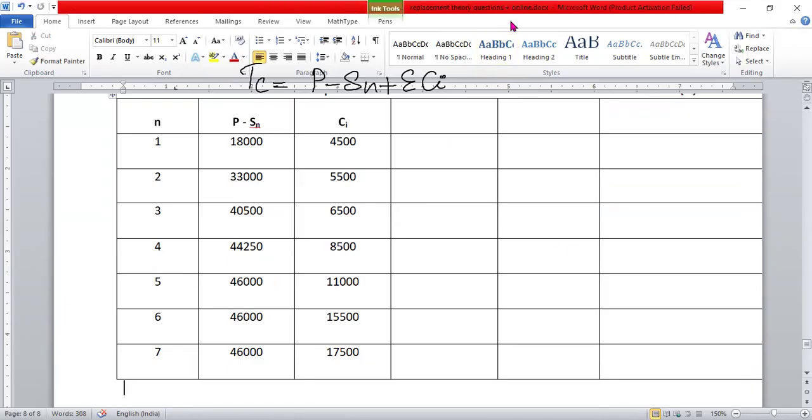Now, summation of CI according to the formula.